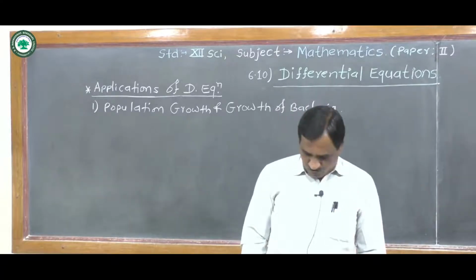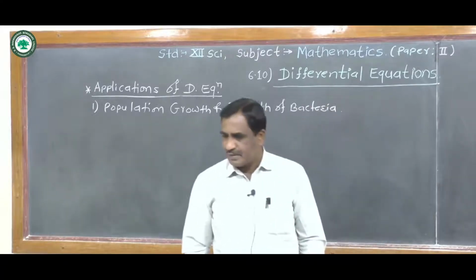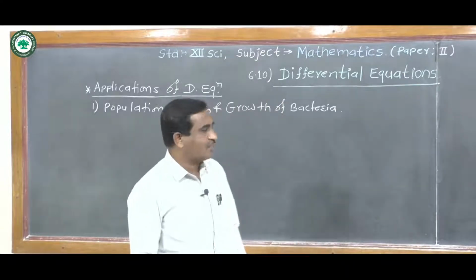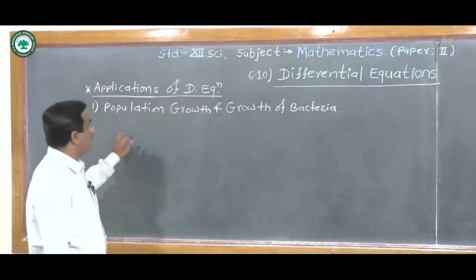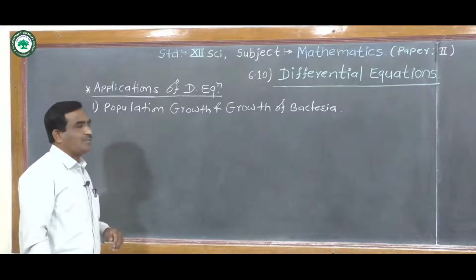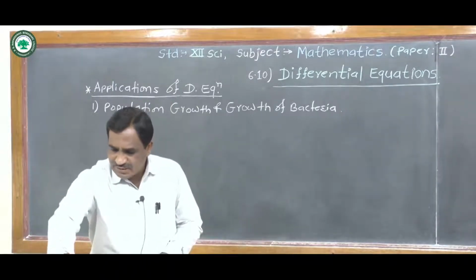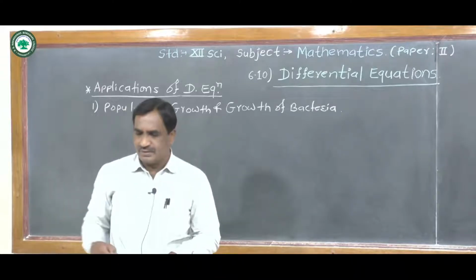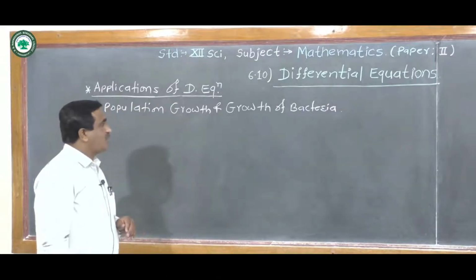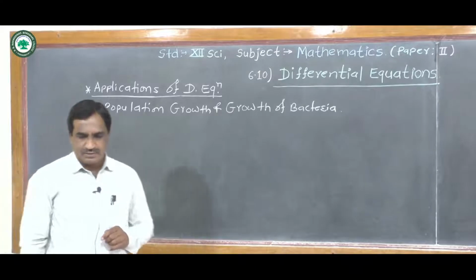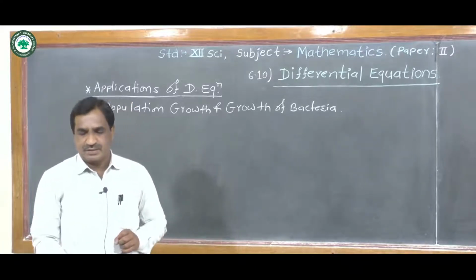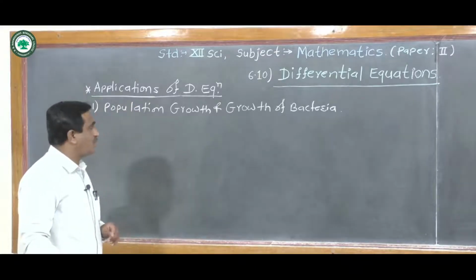Now we first see growth law. The first application of differential equation is population growth and growth of bacteria. We know that in many situations, the relations in the rate of change of a particular function give a differential equation of the function.